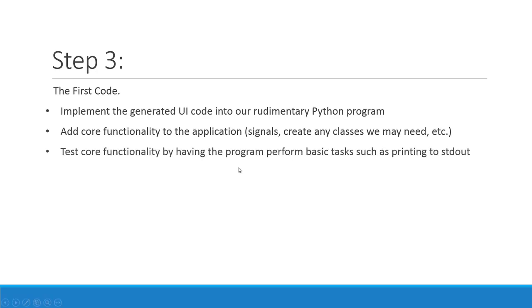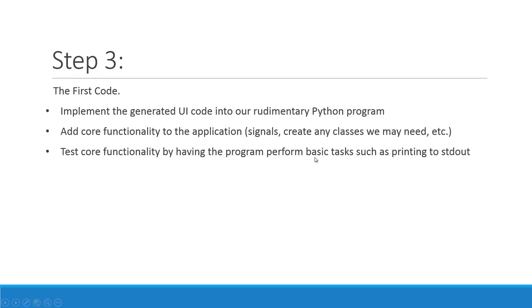Then we're going to test the core functionality by having the application perform some basic tasks, such as printing out to the standard output, which is your screen, in most cases at least. So, for example, if we connected the signal to a slot, a method saying, I don't know, add button clicked, we'll just add some code that says print button add clicked to make sure that the code works.